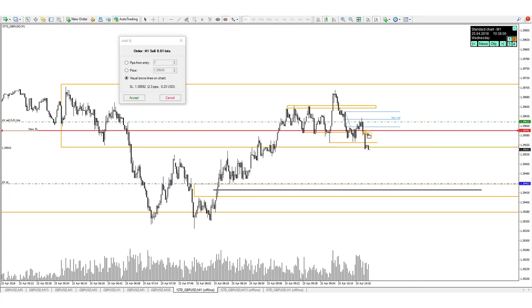Yes, here's the freshly made supply. So let's move my stop loss above. This is 2.3 pips. So if my commissions are like 0.7, I would still be 1.5 pips in plus.